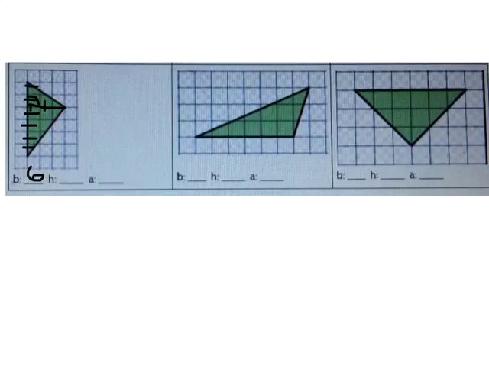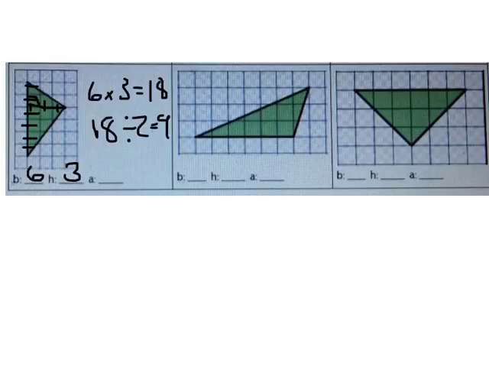It's 1, 2, 3. What's 6 times 3? 6 times 3 is 18. When I find the area of a triangle, I do divide by 2, because a triangle is half of a parallelogram. 18 divided by 2 is 9. The area is 9 square units.